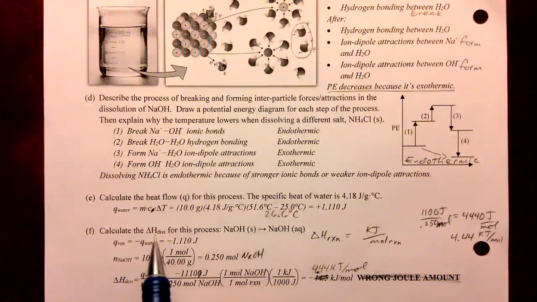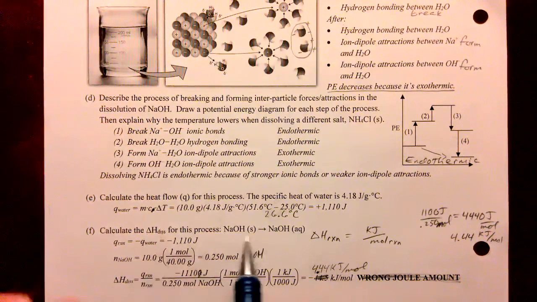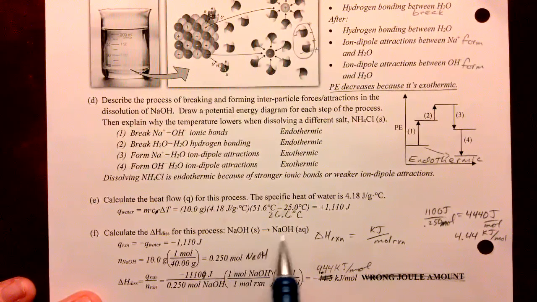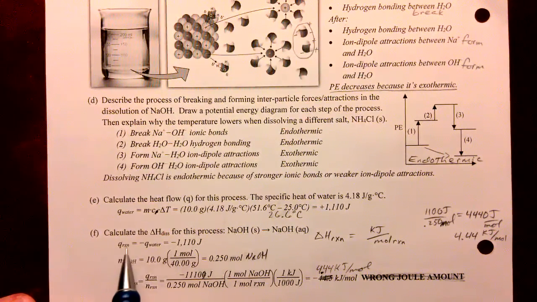So what's the calculation for the delta H dissociation? So this is change. Capital H here is not hydrogen. It is heat. It is energy. And that's dissociation. That means for this to come apart and then get dissolved. So the heat for reaction, Rxn is reaction, is the negative of whatever happened to the water.